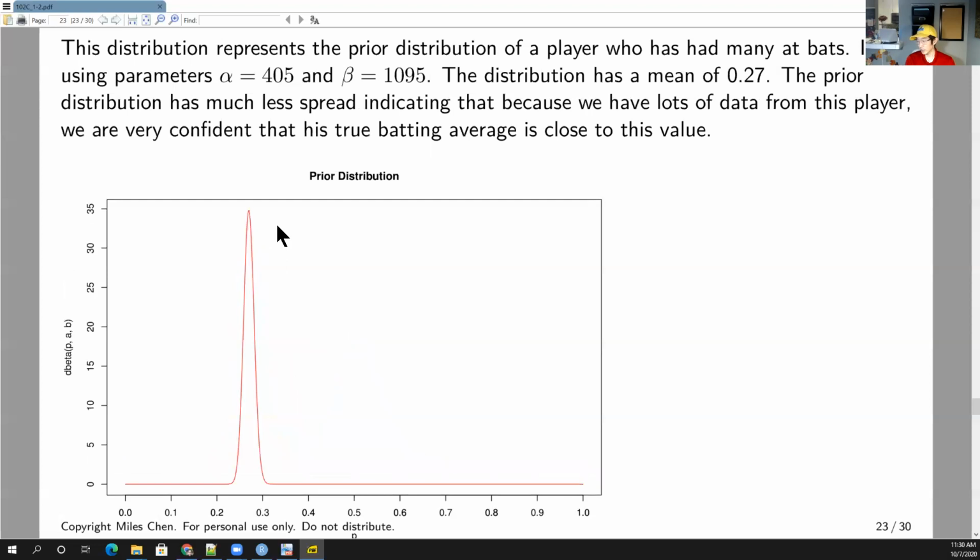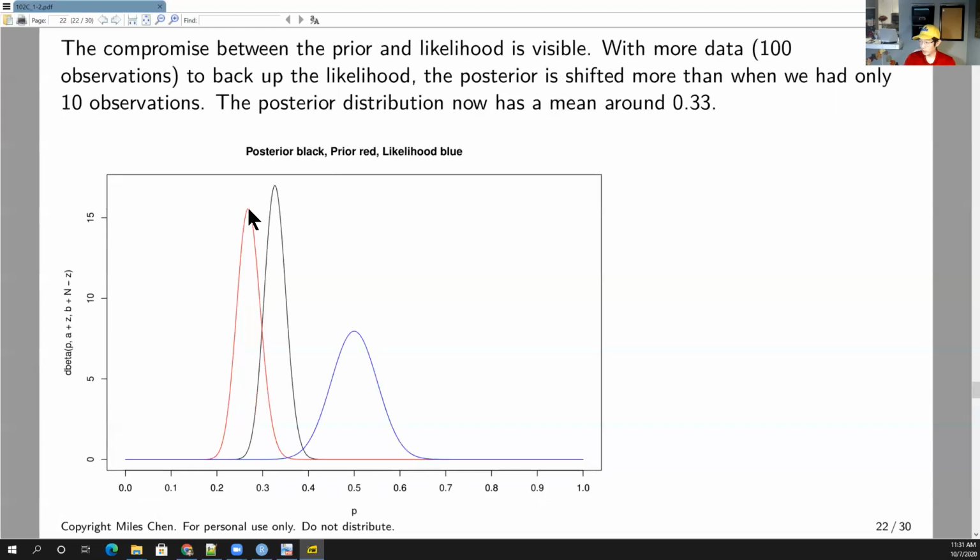Here's another scenario. This prior distribution is going to represent the prior distribution of a player who's had many at-bats. Here I'm using parameters alpha equal to 405 and beta equal to 1095, so that the sum of alpha and beta is around 1500. This distribution has a mean of 0.27, and it's got a lot less spread than the previous prior distribution.